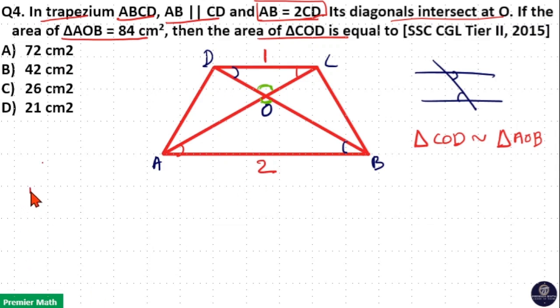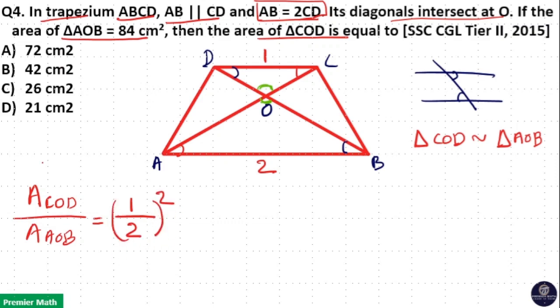Now take the ratio of area. Area of COD divided by area of AOB is equal to, take the corresponding length. Here COD corresponding side ratio is 1 and AOB corresponding side ratio is 2. So 1 by 2 is the ratio. Now take the square of it. So this is the relation, that is the ratio of area of similar triangles is equal to the square of the ratio of corresponding sides.